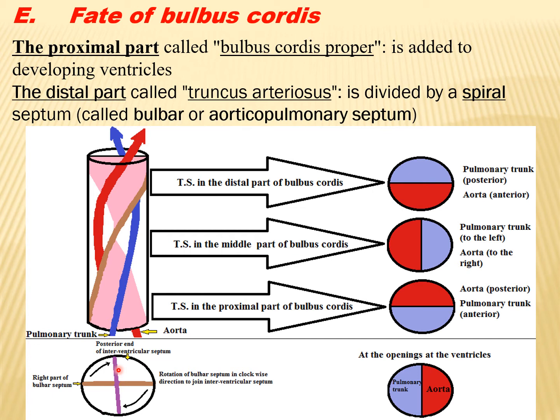Again, fate of bulbus cordis: the proximal part called bulbus cordis proper is added to or absorbed into the developing ventricles, while the distal part called truncus arteriosus is divided by the spiral septum called bulbar or aorticopulmonary septum.